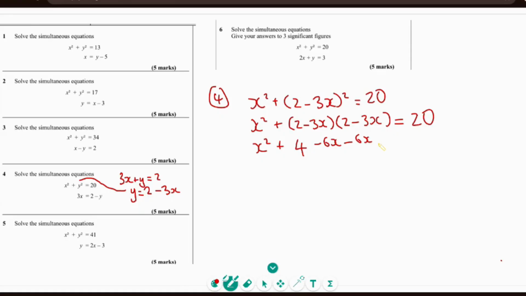Negative 3x times negative 3x, positive 9x squared. We've got 10x squared minus 12x. I'm going to take 20 off both sides. Divide everything by 2.